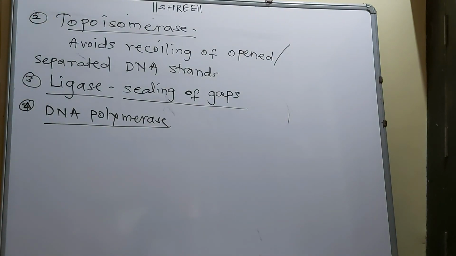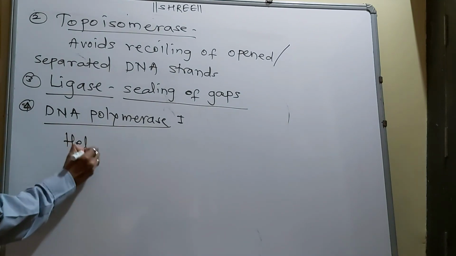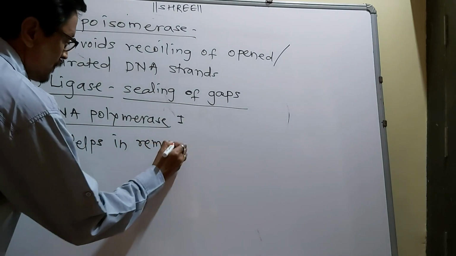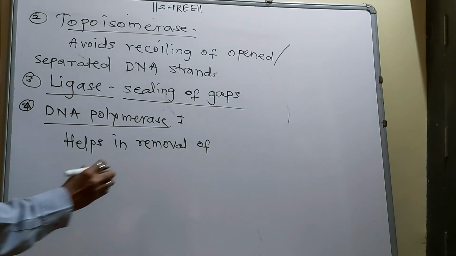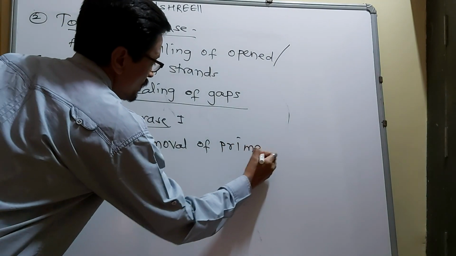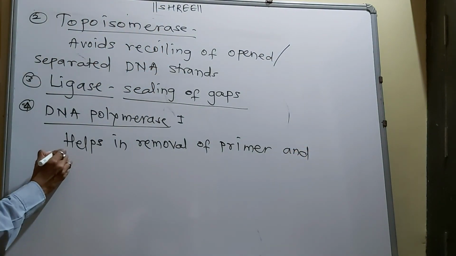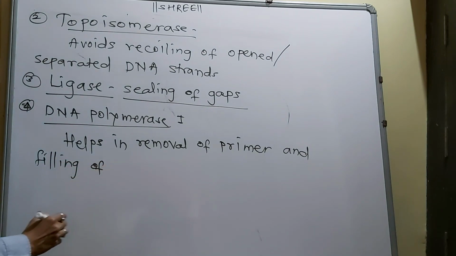There are three types: DNA polymerase 1, DNA polymerase 2 and DNA polymerase 3. DNA polymerase 1 helps in removal of primer and filling of gap. This is the function of DNA polymerase 1. It is responsible for removal of primer and filling of gap.